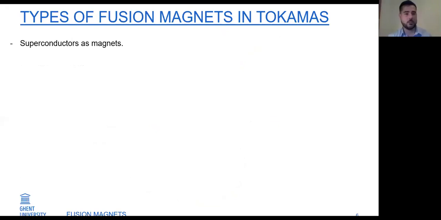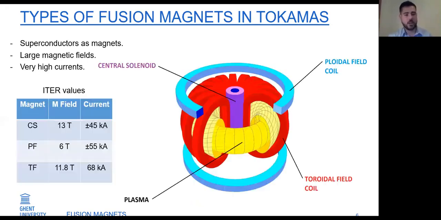Then, what do we use as magnets in fusion? Superconductors, because they produce large magnetic fields. That is what we want to put some pressure on the plasma and confine it. These magnetic fields are produced by very high currents, and this is an example of what the magnetic fields in ITER and the currents in the different magnets for each part will be.